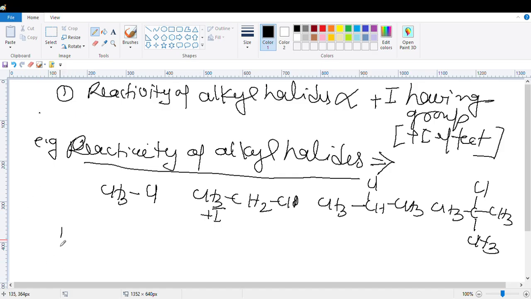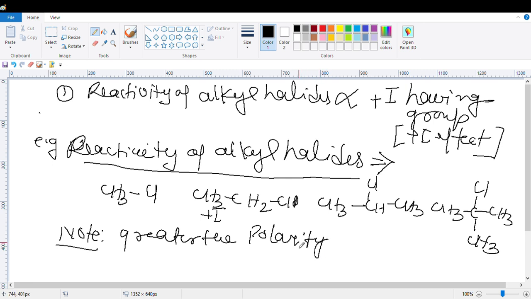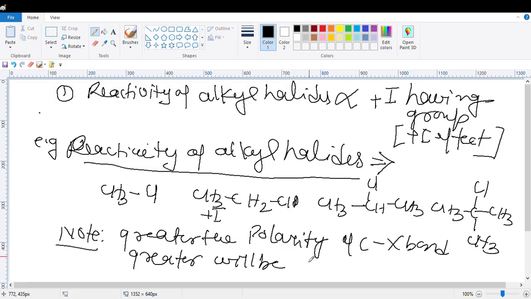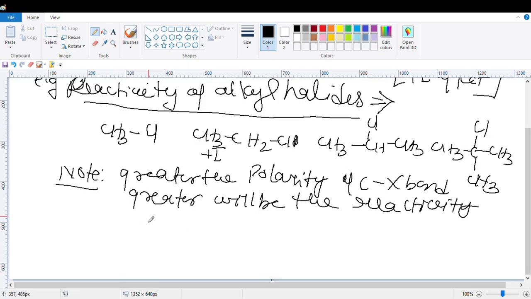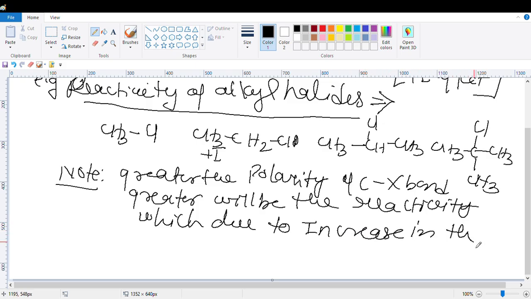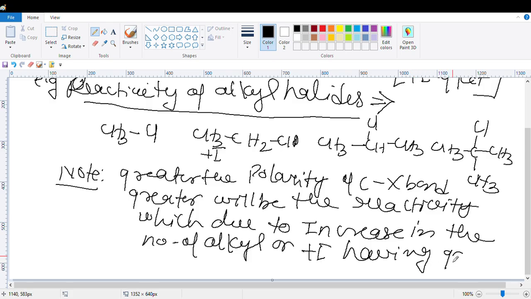So here an important note to remember: greater the polarity of the C-X bond, greater will be the reactivity, which is due to the increase in the number of alkyl or plus I having groups, isn't it?